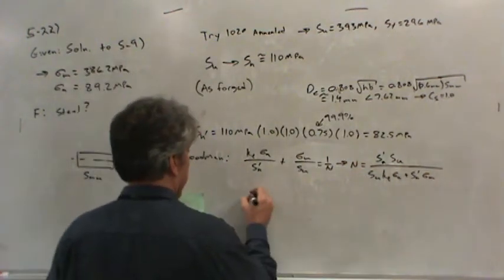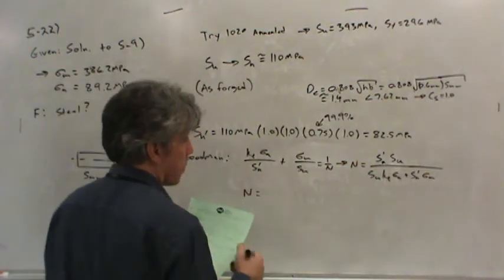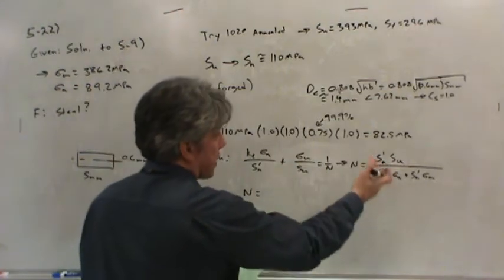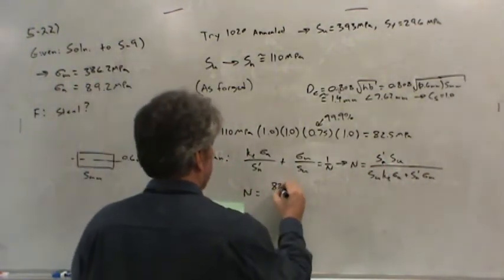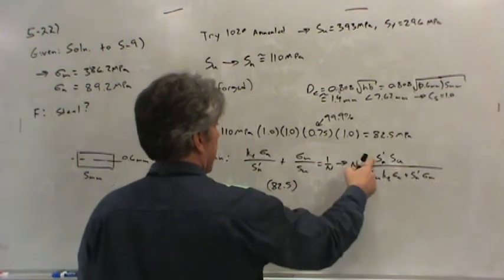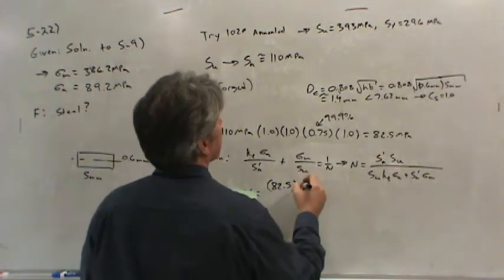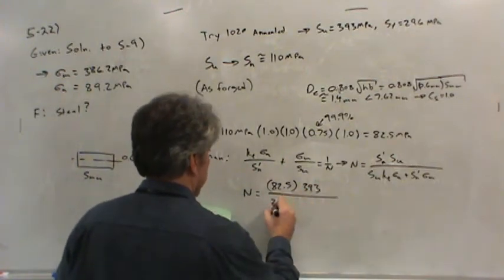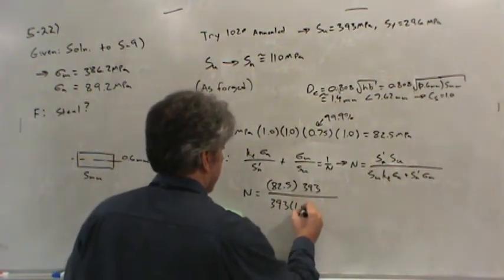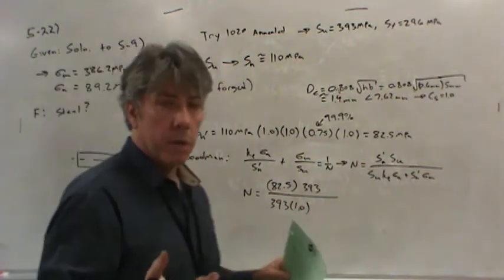Plugging in all of our numbers, well, the units don't matter because they're going to cancel, as long as everything's megapascals. So 82.5 was the modified endurance strength. The ultimate strength, Su, was 393 megapascals. Stress concentration factor of 1, because there were no stress concentrations.